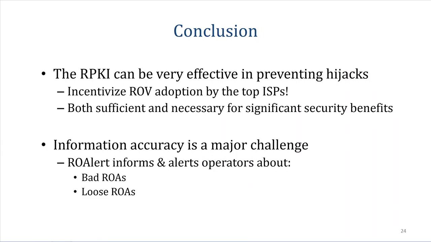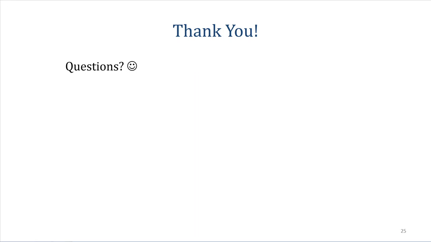So the conclusion from this talk is that really RPKI can be very effective in mitigating prefix and sub-prefix hijacks, but we have to incentivize adoption by the top ISPs, which is both necessary and sufficient to gain those security benefits. But first we must take care of the information inaccuracy in the RPKI, which is a major challenge. And for that, we've presented ROAlert, which we believe is a promising approach. So with that, I'd like to thank you and take questions.